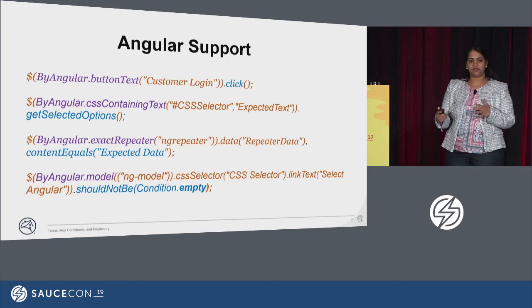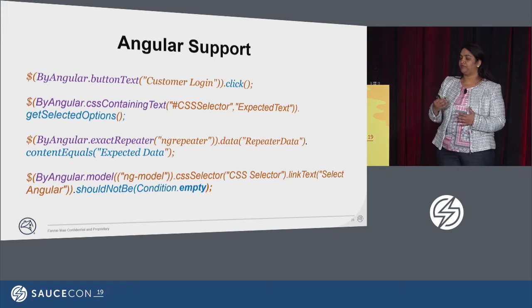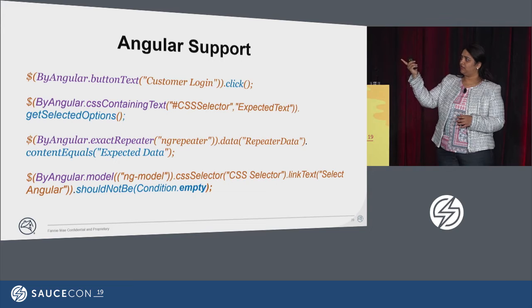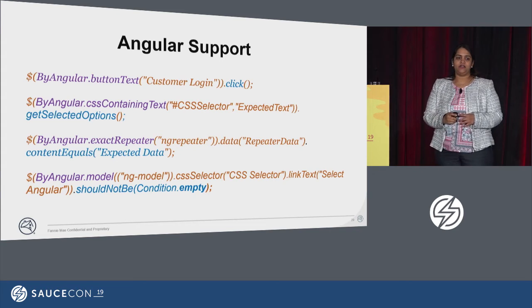I have integrated ngWebDriver with Selenide. So this shows Selenide's additional capability where you can integrate multiple other libraries and have those capabilities as well with Selenide. So by Angular, whenever you say by Angular and CSS text, you can identify that third one that you are seeing, ng-repeater, ng-models. You can quickly identify the elements like this.